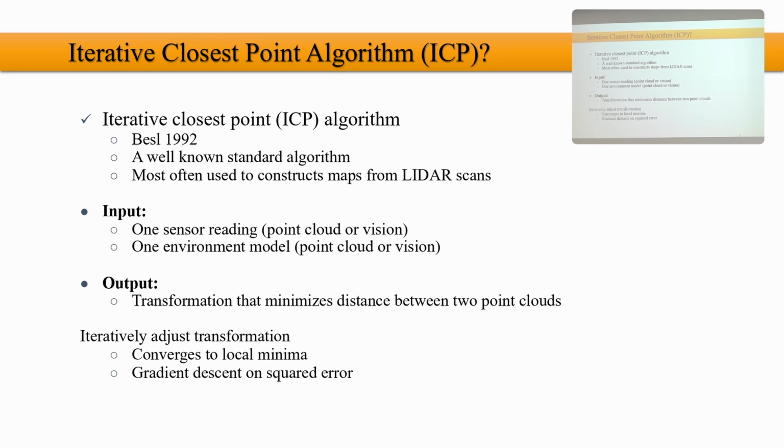How is it generally happening? In a general way of explanation, we iteratively adjust the transformation so that we converge to a local minimum, and we can use gradient descent or squared error to do that, but we will see how.